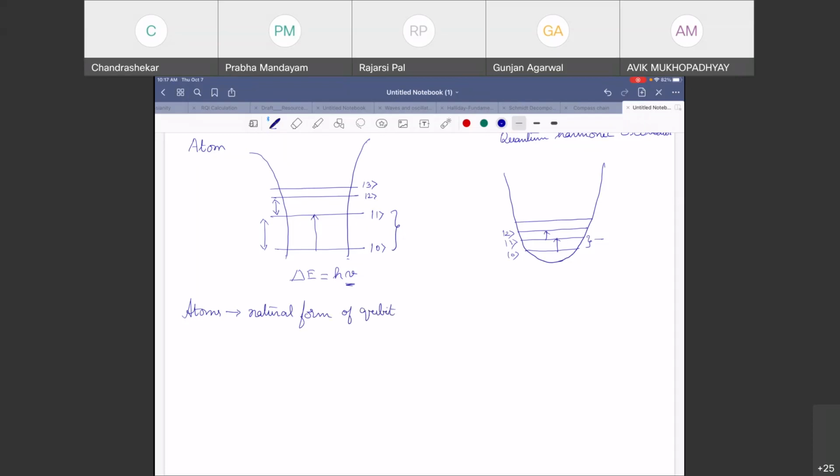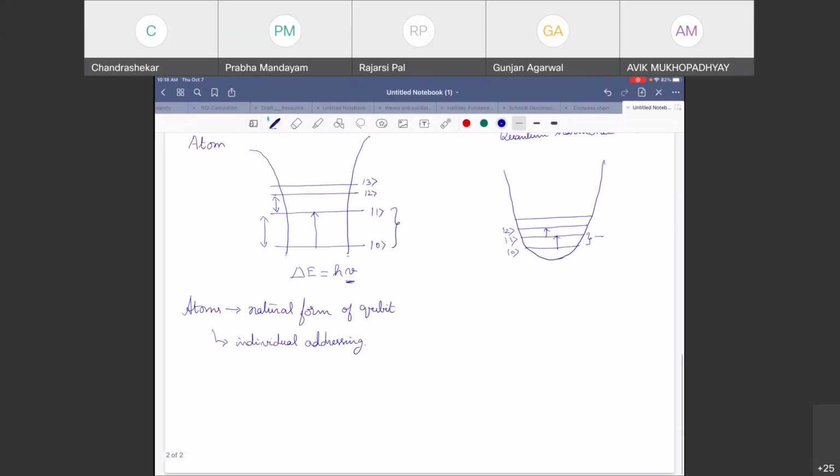So you can use an atom as a qubit, but there is a problem with this. Sometimes you need to address each atom individually. This is because atoms are very small and you cannot pick them up and manipulate them as easily as you'd like.